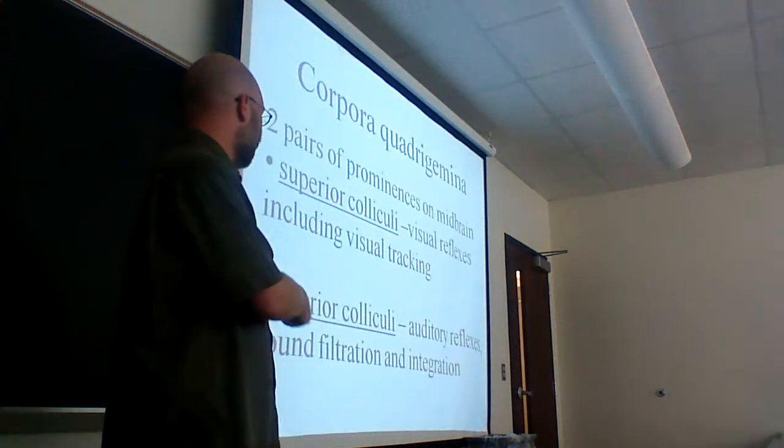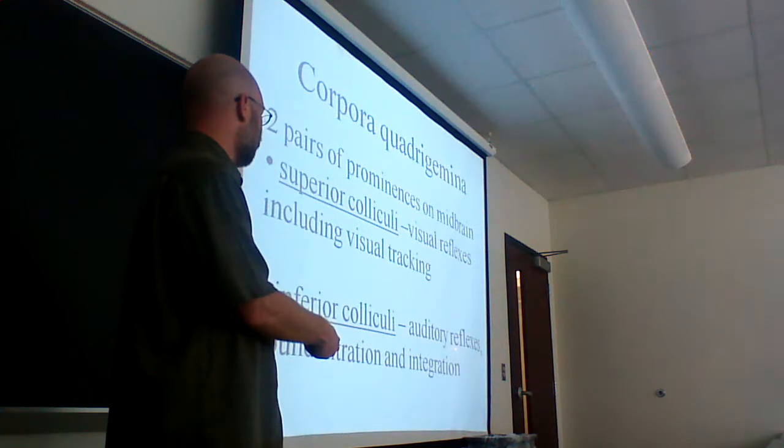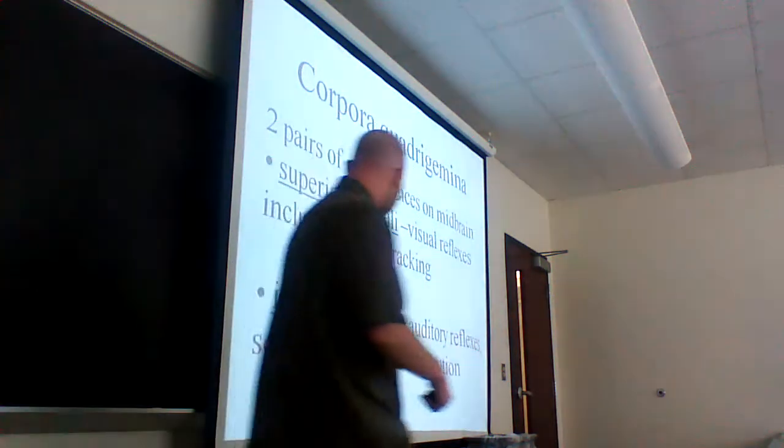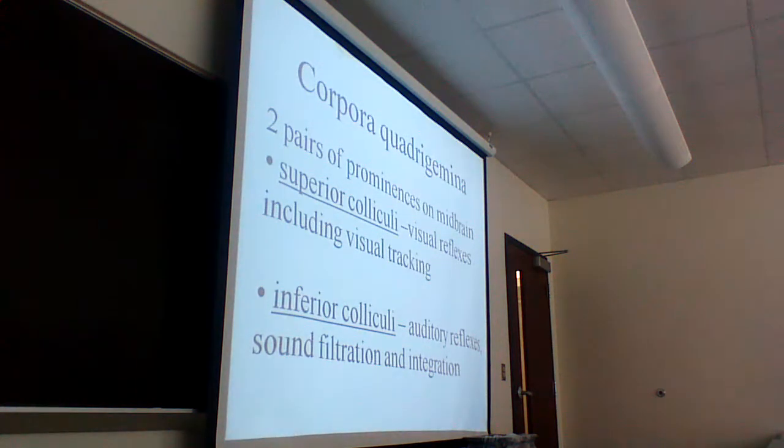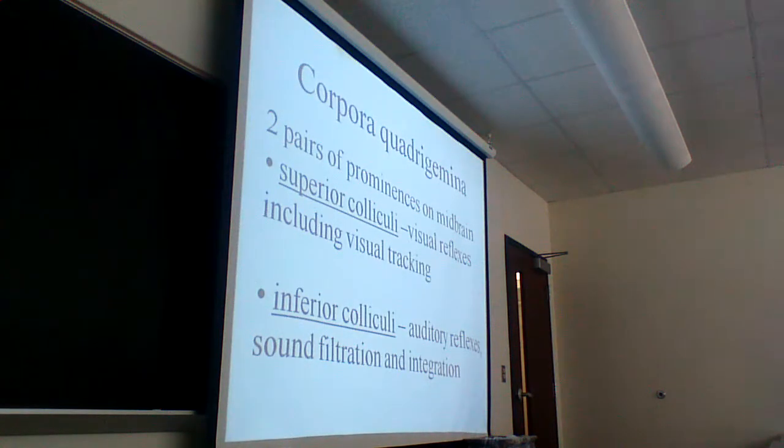Inferior colliculi are a bunch of auditory reflexes. This sound filtration here. Human beings are actually very good at listening to other people. In a crowded room, it is very easy to filter out, like, this humming from the air conditioner unit, because our brains automatically tune out anything that is not human voices if you're trying to listen to a human voice.